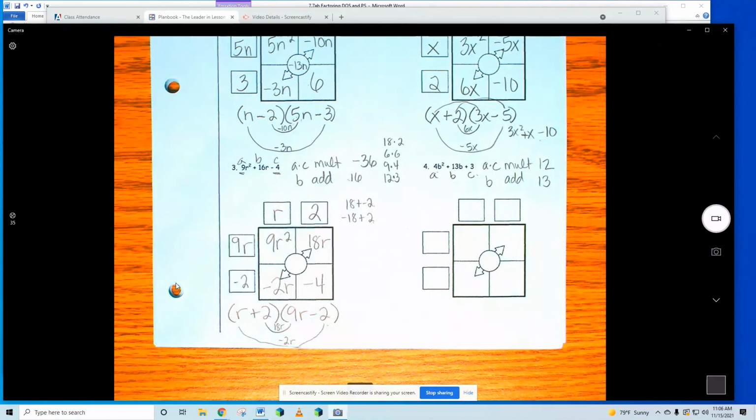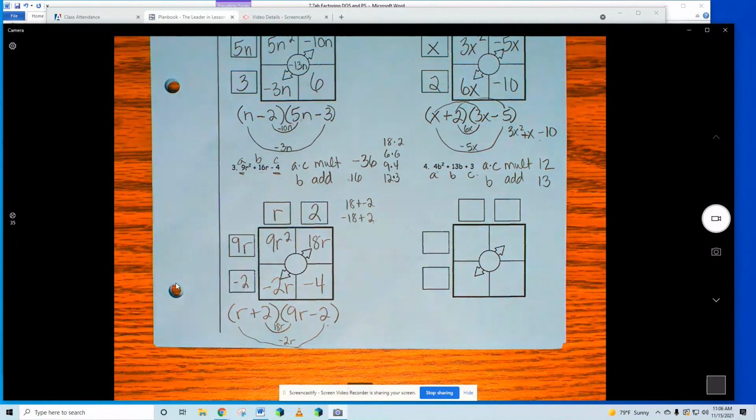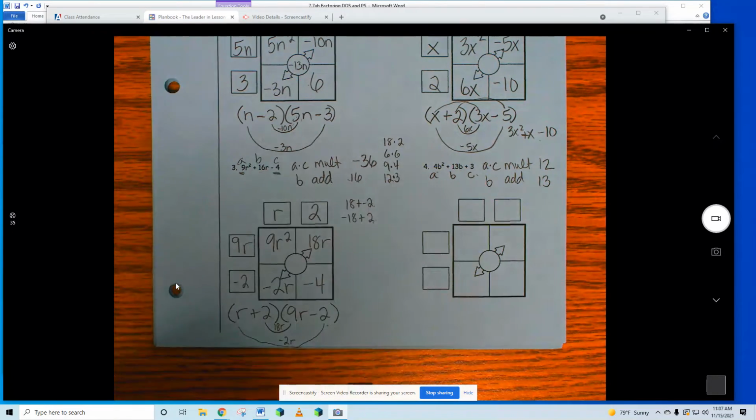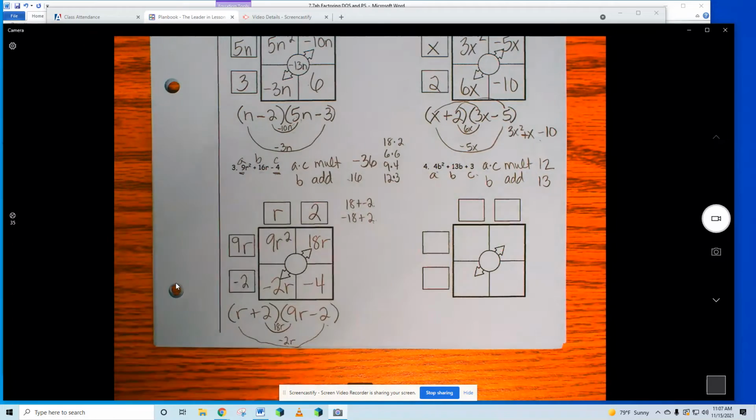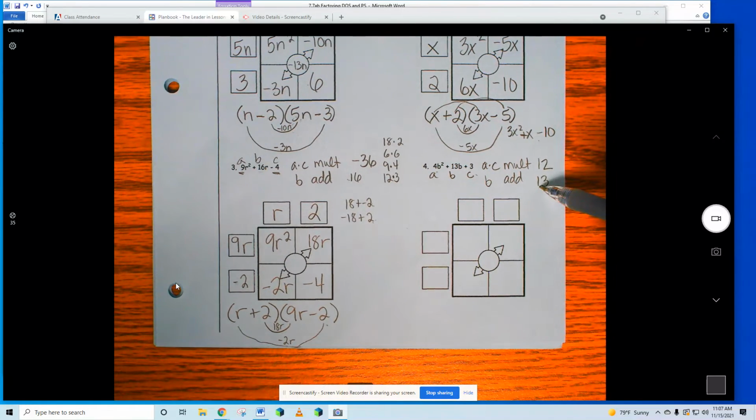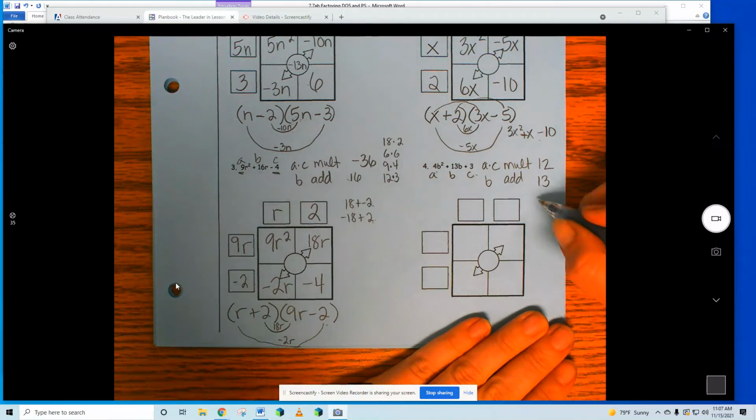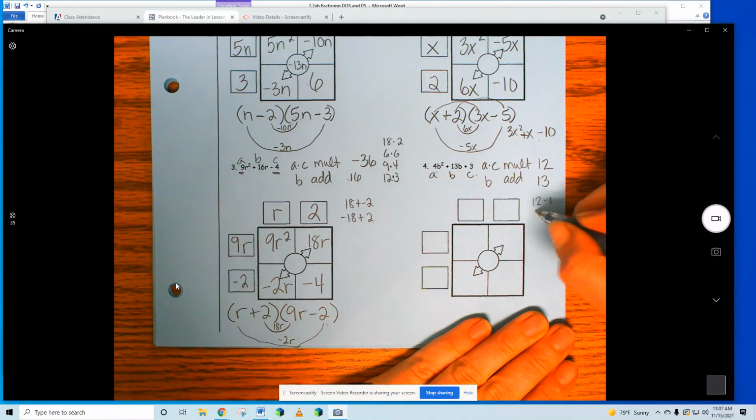Good. If you want to work ahead, work ahead. The rest of you, you can just listen to me talk. I need two numbers that multiply to make 12 and add up to 13. Multiply to make 12 is like 12 times 1 and 6 times 2.